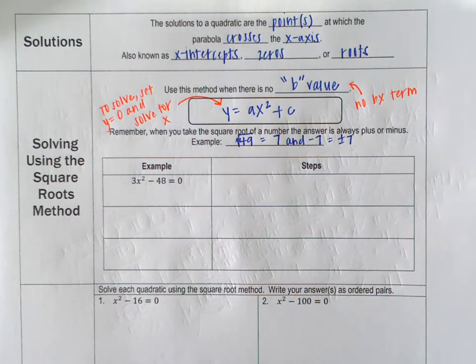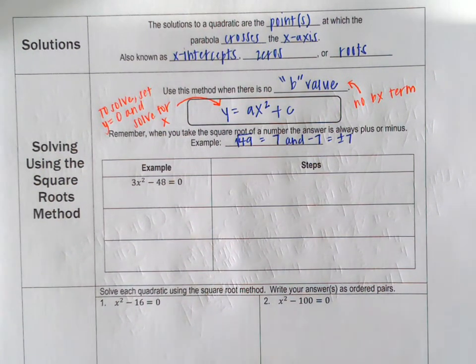The reasoning behind that is 7 times 7 is 49, and then -7 times -7 is also positive 49. So when we're solving by square rooting something, we're undoing it to get the x by itself. What's really important is you take into account both sides, the positive and the negative. That's going to be super important and play a huge role in our problems here.